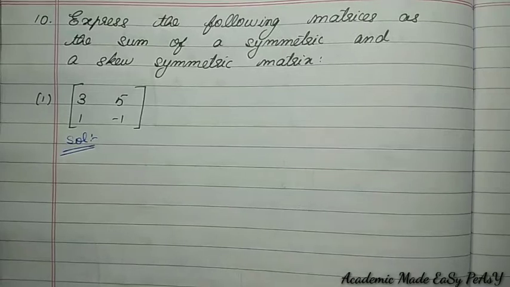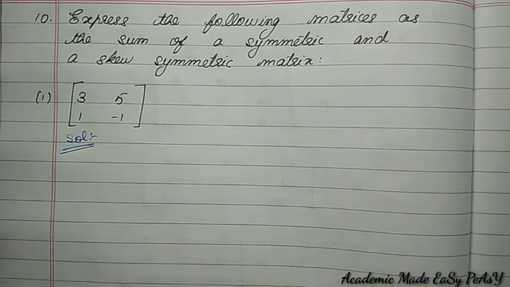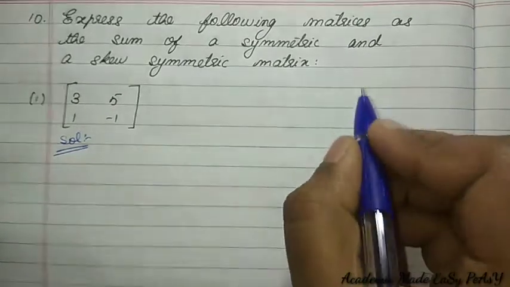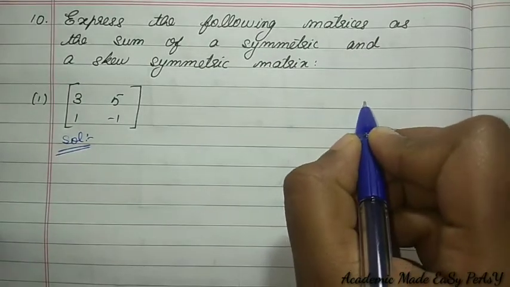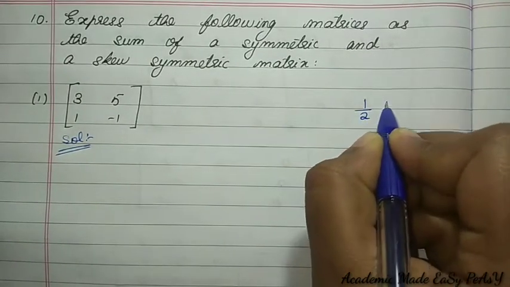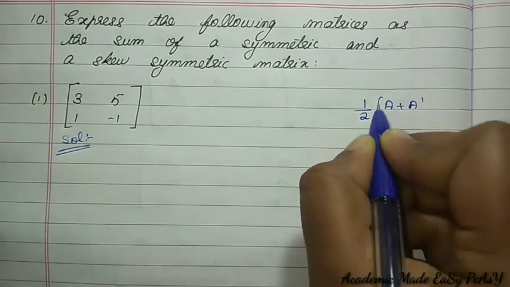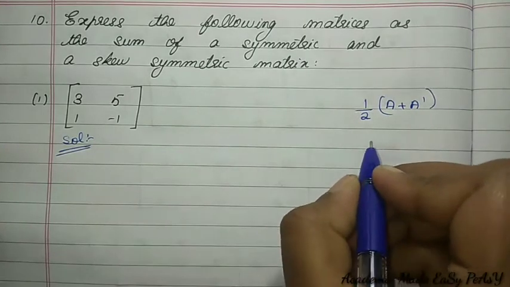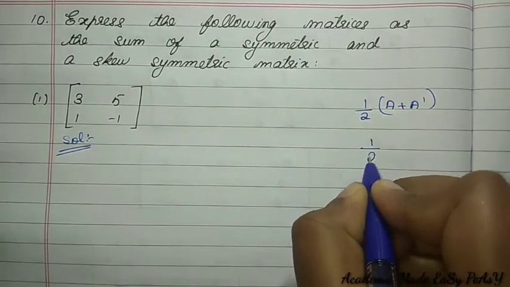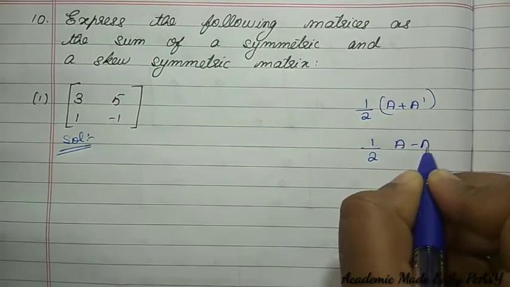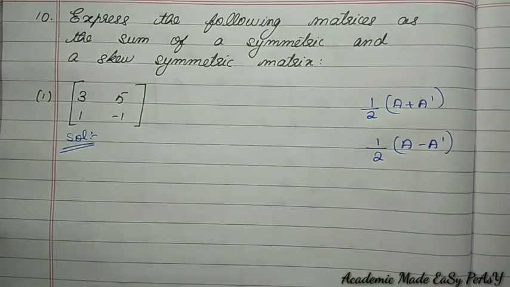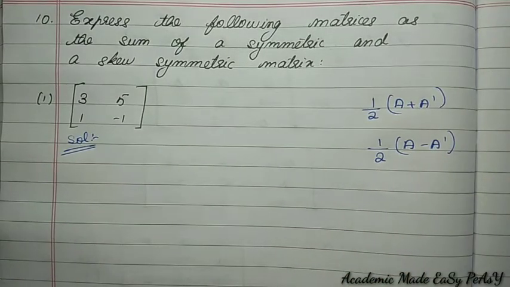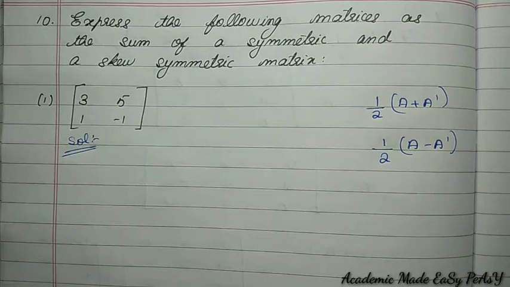See, sum of symmetric and skew symmetric is nothing but, we will be taking symmetric as half of A plus A dash. Next, we will be taking skew symmetric as half of A minus A dash. That's it. Only this. If we know this, then we can do it automatically.